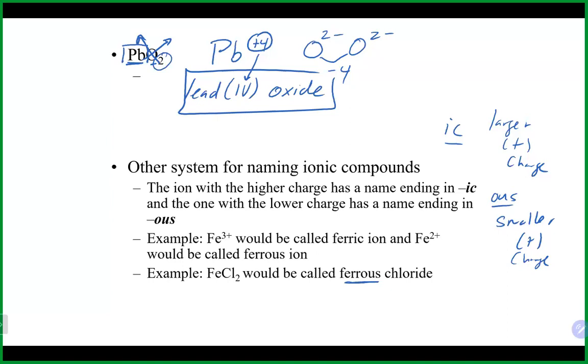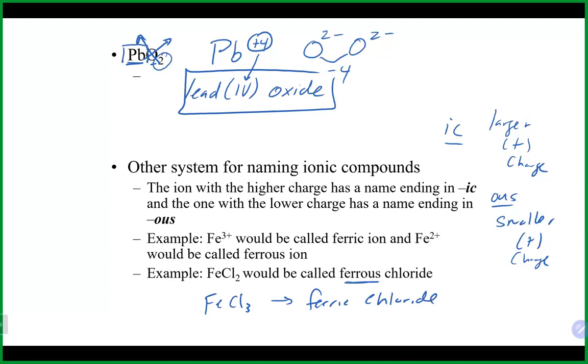So we're not going to use that older way of naming. Again, FeCl3 would be ferric chloride. We won't use it, but sometimes people will still use it for iron, and copper is very common.